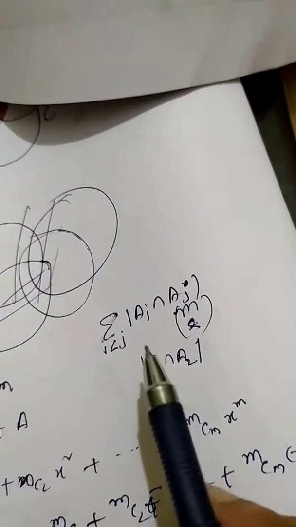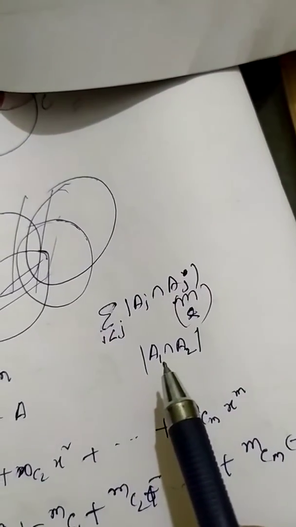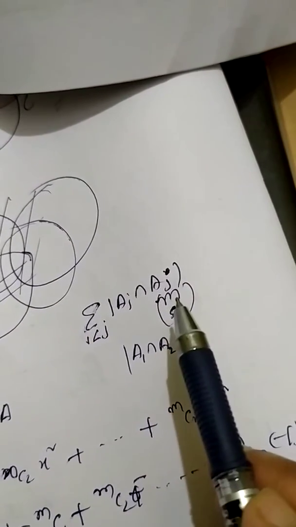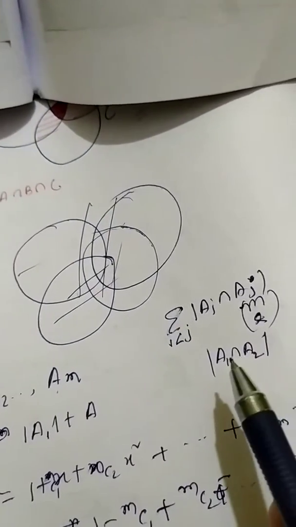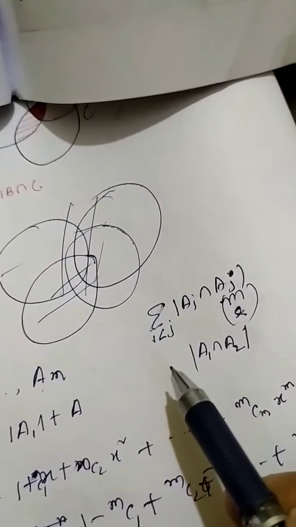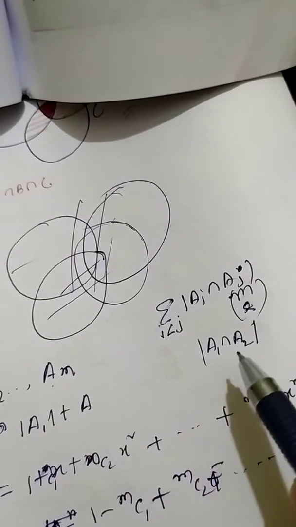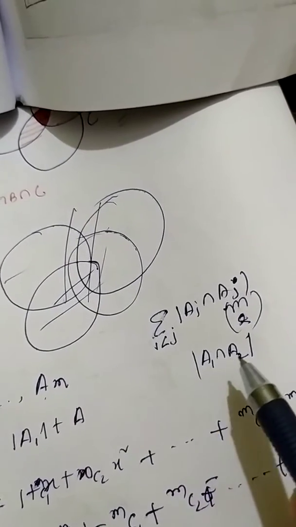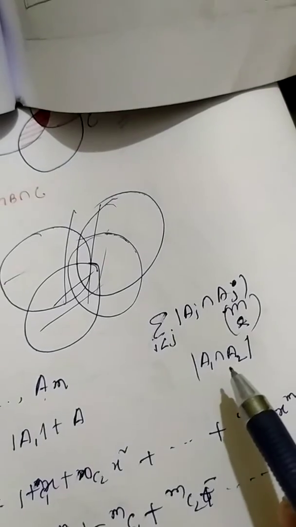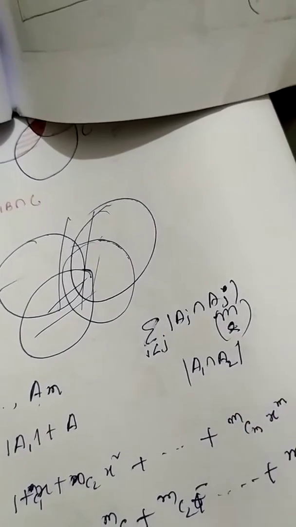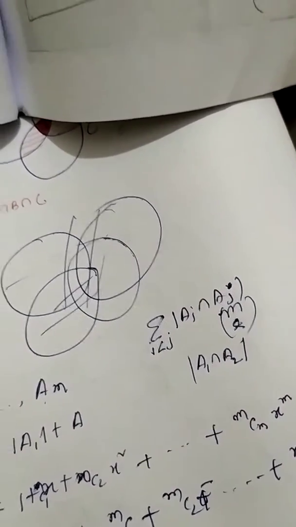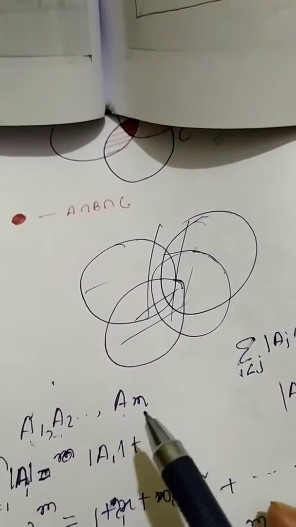So for the second part, a1 intersection a2: because x belongs to these m sets, x also belongs to a1 intersection a2. Similarly, x also belongs to a1 intersection a3, a1 intersection a4, a1 intersection a5, up to a1 intersection am.